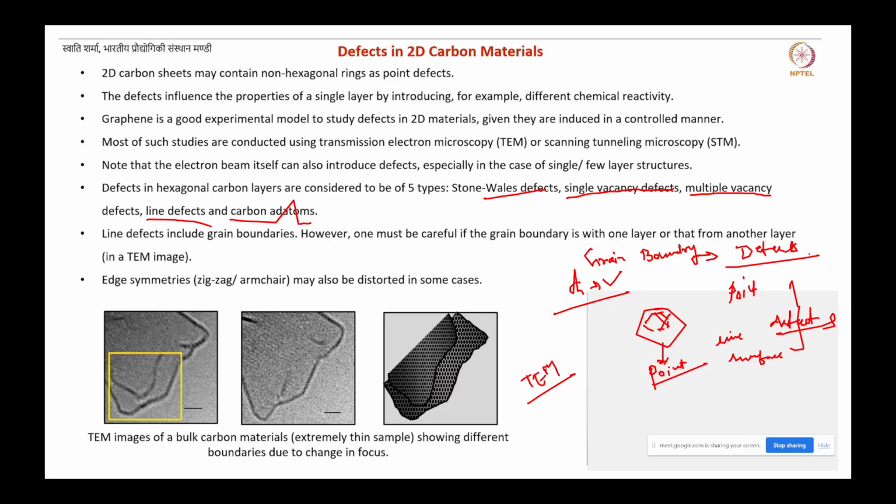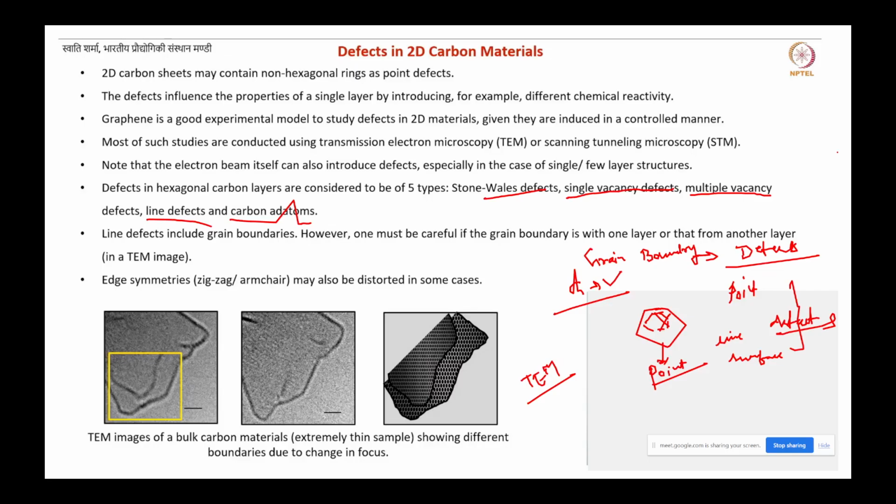Whenever you are using any parameters, precursor and catalyst, it is very important to control the defects. Grain boundary is important to present in order to get a particular strength. But if you have a very large amount of grain boundary, then it can deteriorate the property of your material.